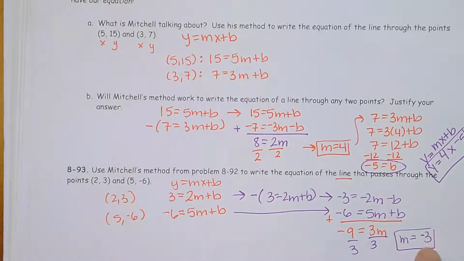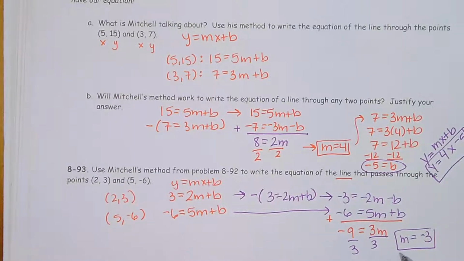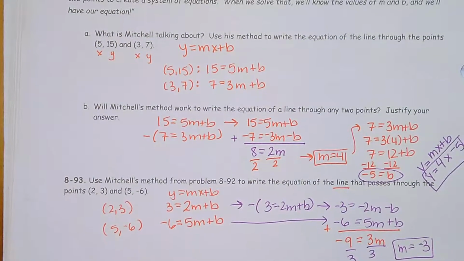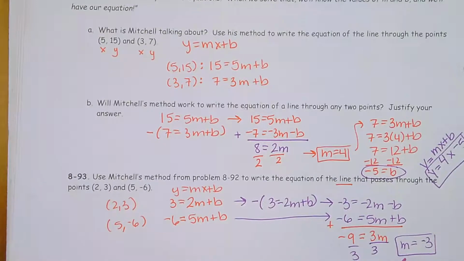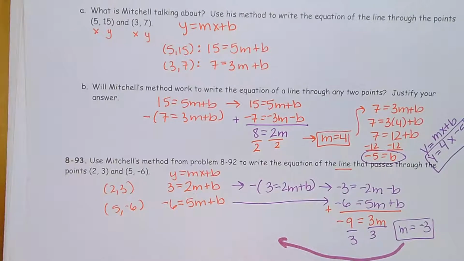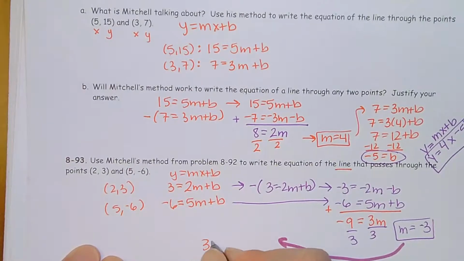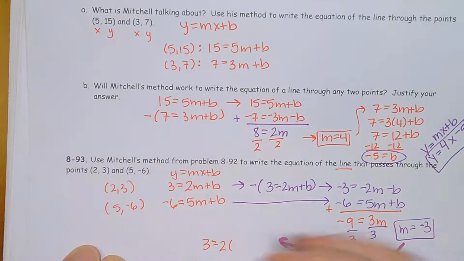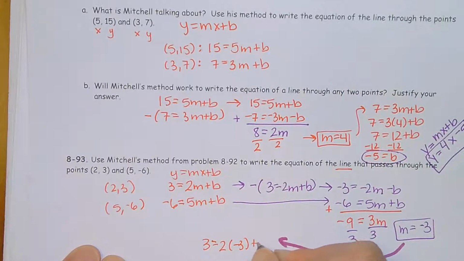So now I'm going to take this m and plug it either into the top equation here or the second equation. Doesn't matter. I think I'm going to do it into the top equation. I'm just going to do my math over here. So I am going to be getting 3 equals 2 times my m, and my m is -3, plus b.